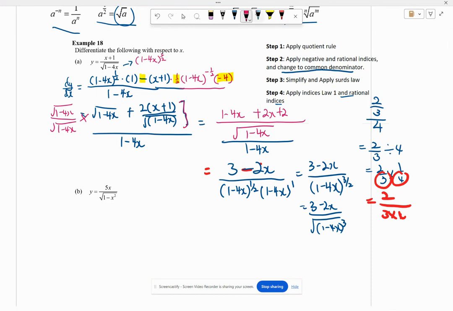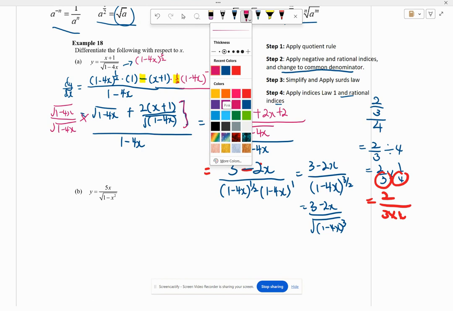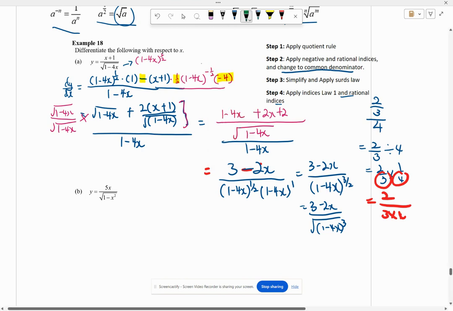So maybe I just write down the steps clearly here. This was your step one. This one we are doing everything here, our step two. Then we apply the third law. We multiply this times this, we got this.